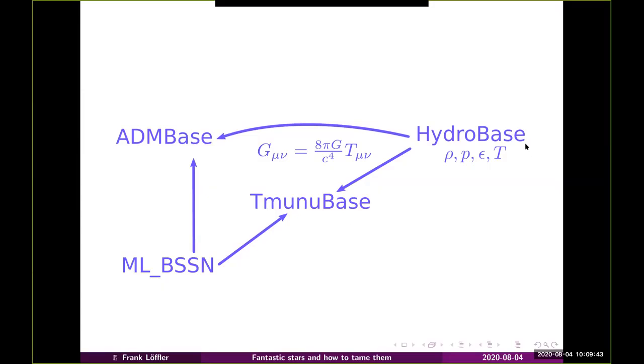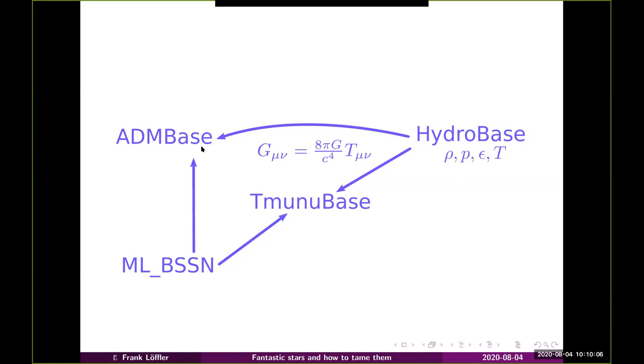On the other hand, if you have a hydro evolution, you have a hydro base, which just provides some variables that are common to a lot of the hydro evolutions. That's the density, the pressure, temperature, quite a few others. And those actually go into T mu nu base. So T mu nu essentially calculates the energy momentum tensor from those variables.